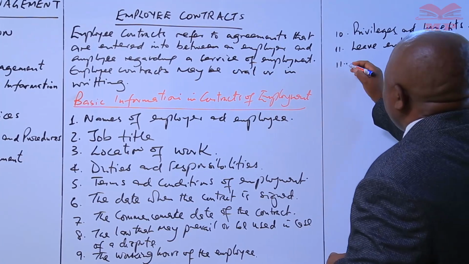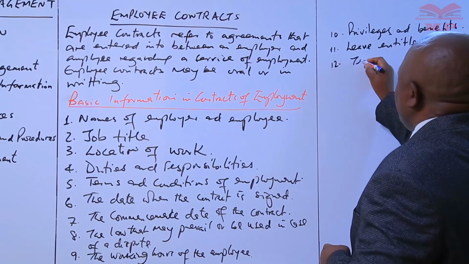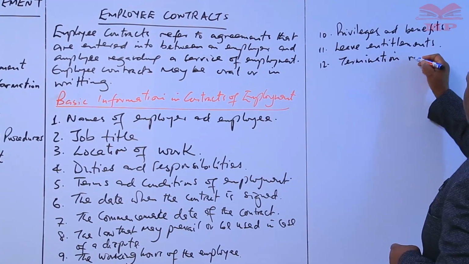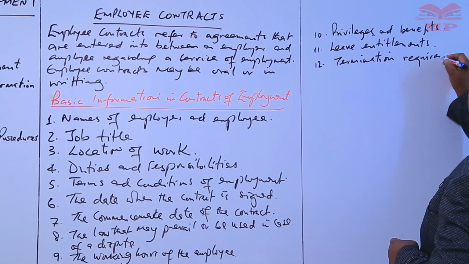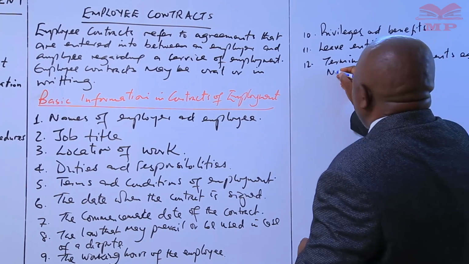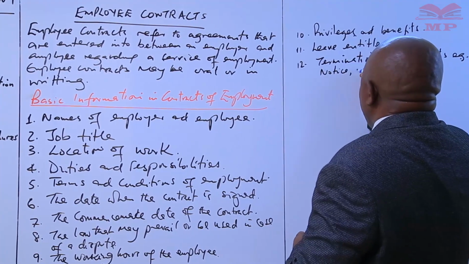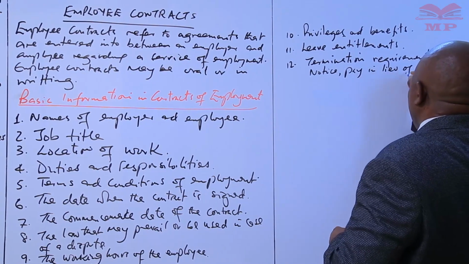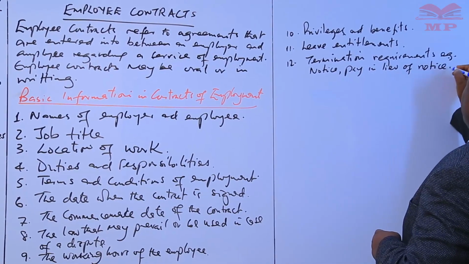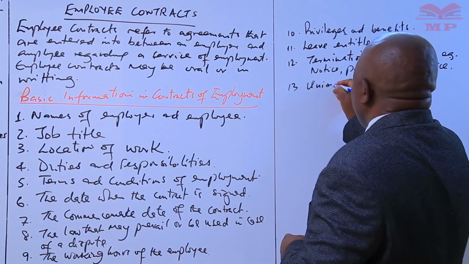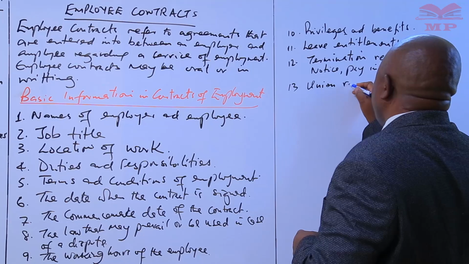Then you have number 12, termination requirements. For example, notice, pay in lieu of notice. And then number 13, union representation.